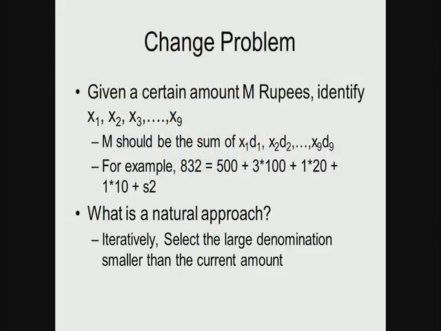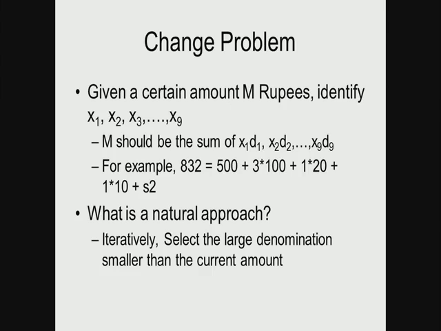Naturally, we wish to carry as few notes and coins as possible, and the generic question is, given m rupees, identify 9 positive integer valued variables such that the m rupees can be written as a sum of x1 times the first denomination D1, x2 times the second denomination D2, and so on up to x9 times the 9th denomination D9.